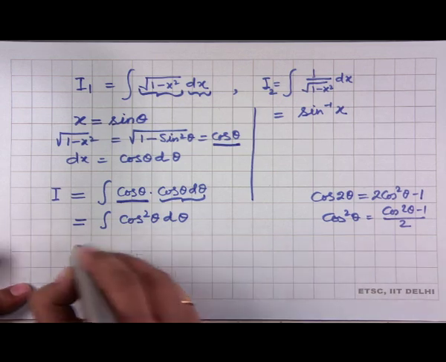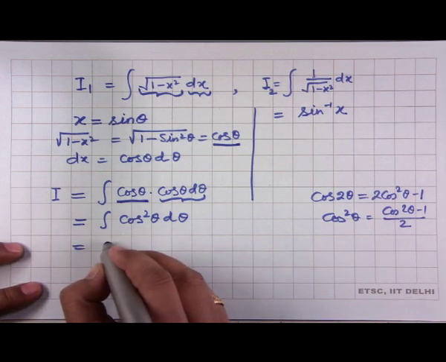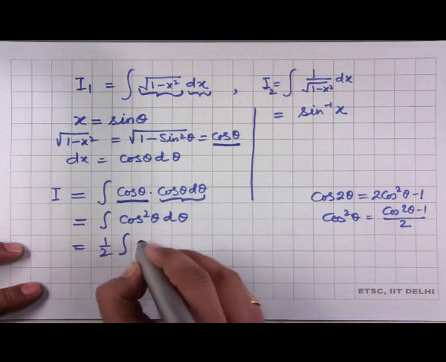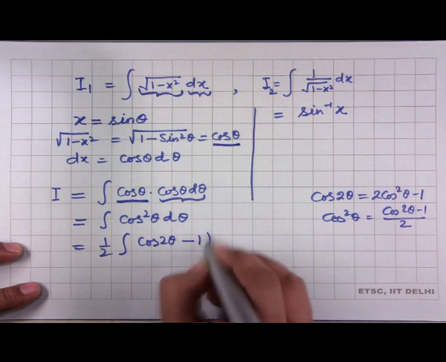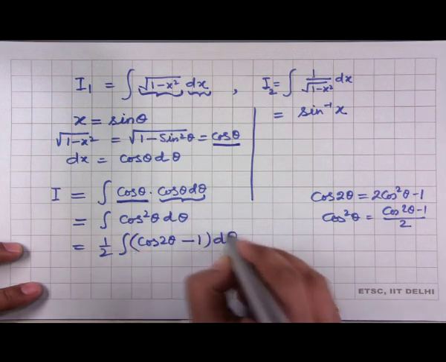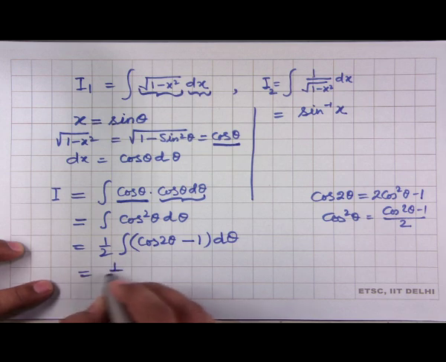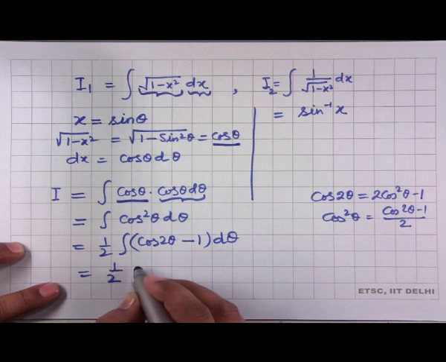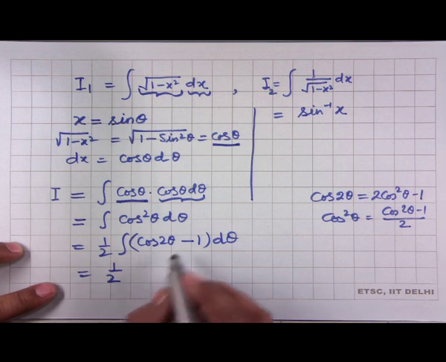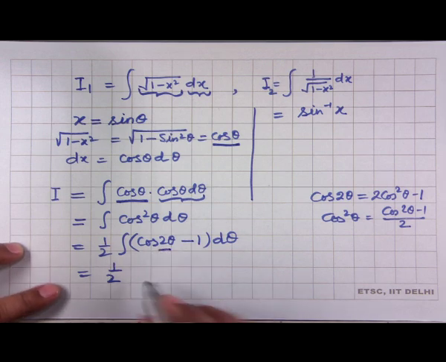So, I will replace it by that factor, and I will get 1/2 outside, and this will become cos of 2 theta plus 1 d theta, which ultimately will lead me to 1/2 of cos 2 theta integration, again using the property of a linear function here.